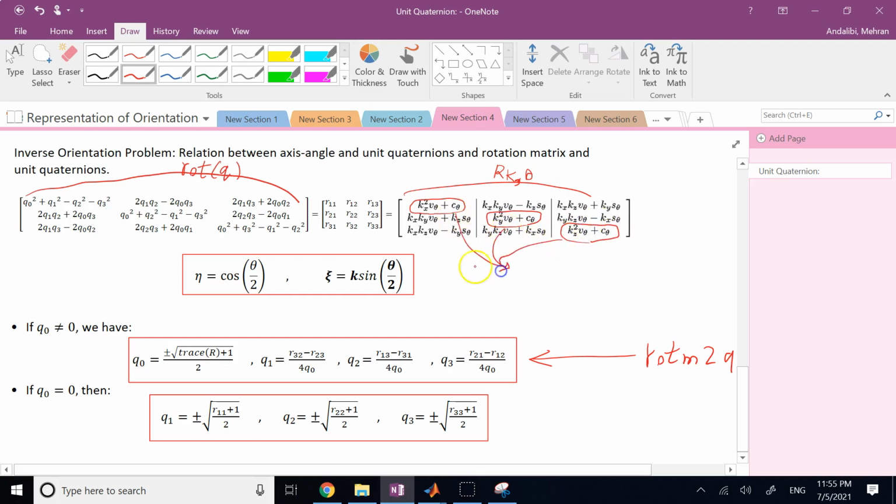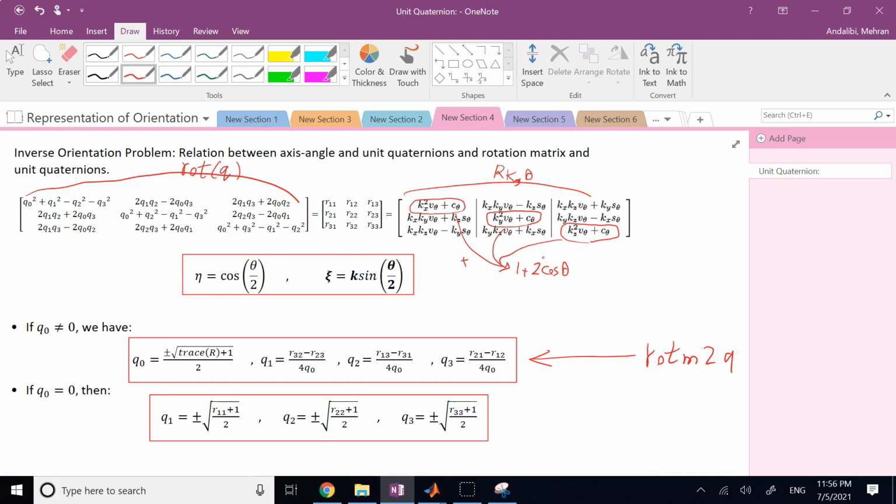When we add all of these together, you get kx squared plus ky squared plus kz squared times v theta, which is 1 minus cosine, plus 3 cosine. So the result, if you remember from the axis angle video, is 1 plus 2 times cosine of theta. This is the trace for that matrix.